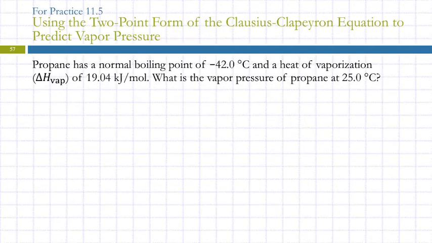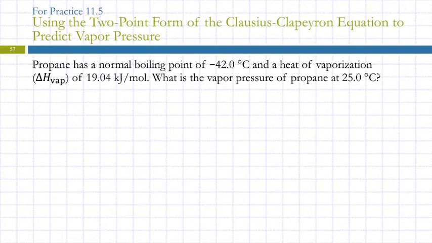So this is the sort of problem that could be on an exam like this. I'll give you those equations, but you need to know how to use them. So propane has a normal boiling point of minus 42 degrees Celsius and a heat of vaporization of 19.04 kilojoules per mole. What's the vapor pressure of propane at 25 degrees Celsius? So this is a situation to use the 2-point form of the Clausius-Clapeyron equation.